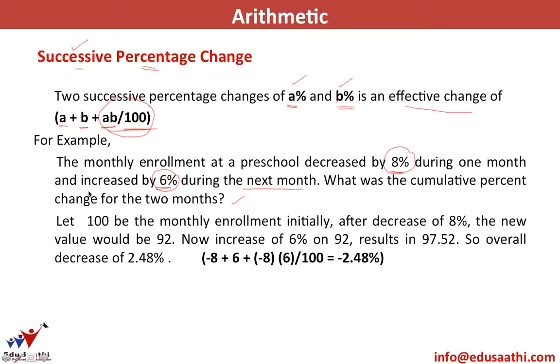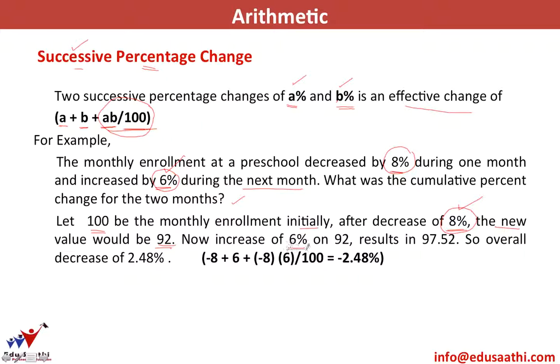An easy way of doing this would be to just assume the value to be 100. Let 100 be the monthly initial enrollment. And there's been a decrease of 8%. So 8% on 100, that means 8 has fallen down. The new value would be 92. Now an increment of 6% has happened on 92 and not 100.